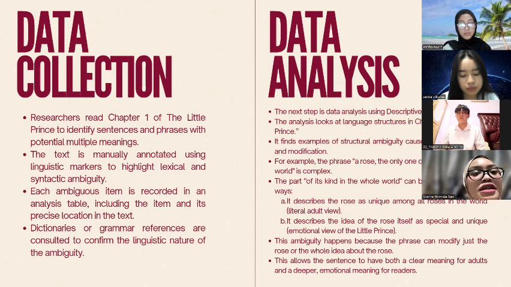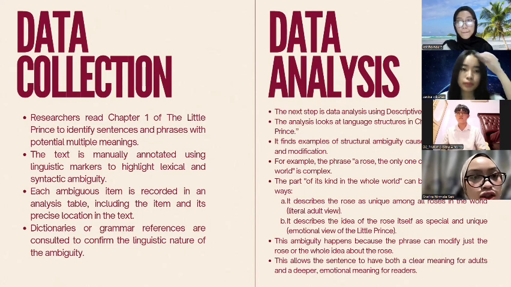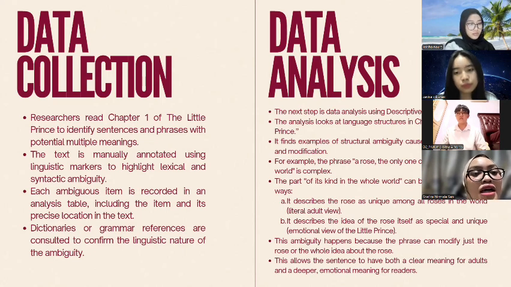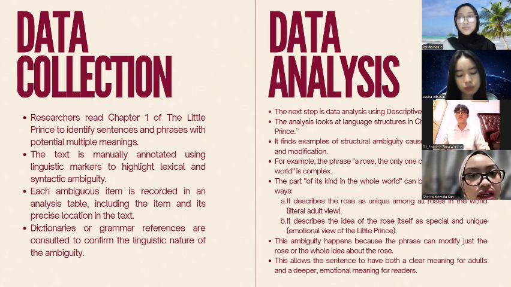For the analysis, the next step is data analysis using descriptive linguistic analysis. So the second, the analysis looks at the language structure in chapter one of The Little Prince. The third is finding examples of structural ambiguity caused by unclear scope and modification. So for example, the phrase "a rose, the only one of its kind in the whole world" is complex. The phrase "the only one of its kind in the whole world" can be understood in two ways.